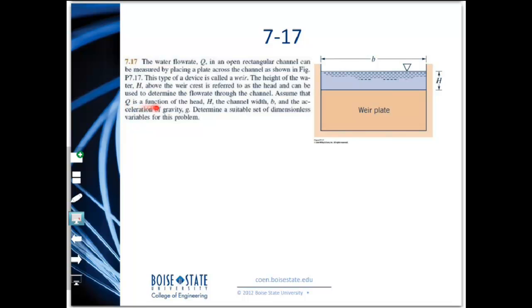Assume that Q is a function of the head H, which is shown here, and the channel width B, and the acceleration of gravity G. You're asked to determine a suitable set of dimensionless variables for this problem.